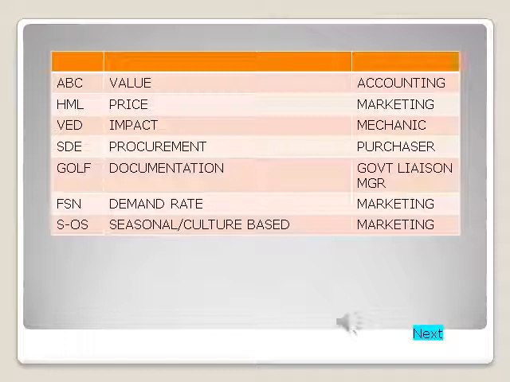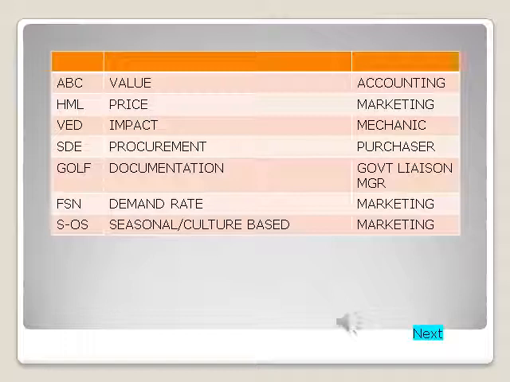The GOLF is really based on how much documentation an item needs, and therefore has to be classified together with the government liaison officer, or the government liaison manager, as the case may be. In every organization, there is somebody who takes care of its relationship with the government, the documentation part.